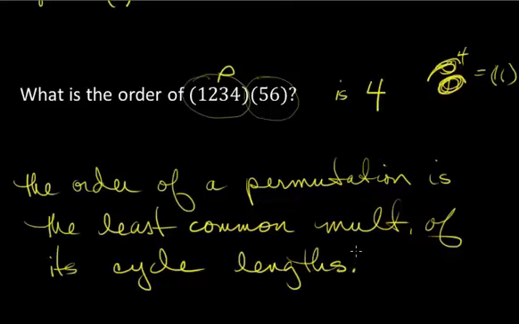Now we are assuming that the permutation is simplified, that the cycles are disjoint. It's the least common multiple. And go back to those examples and you'll see why. Because it takes m times for an m-cycle to disappear and n times for an n-cycle to disappear. Then if they both disappear, it will be a multiple of both m and n, the least common multiple.